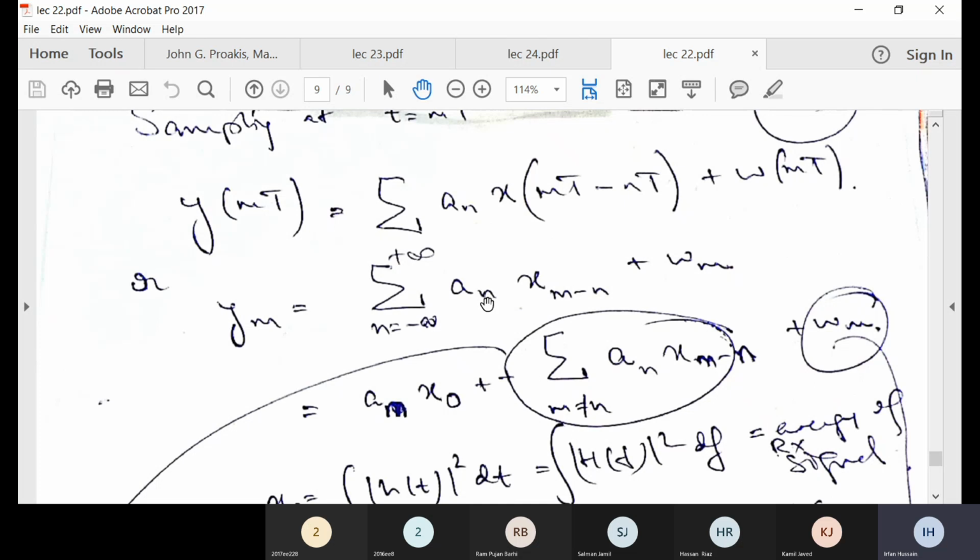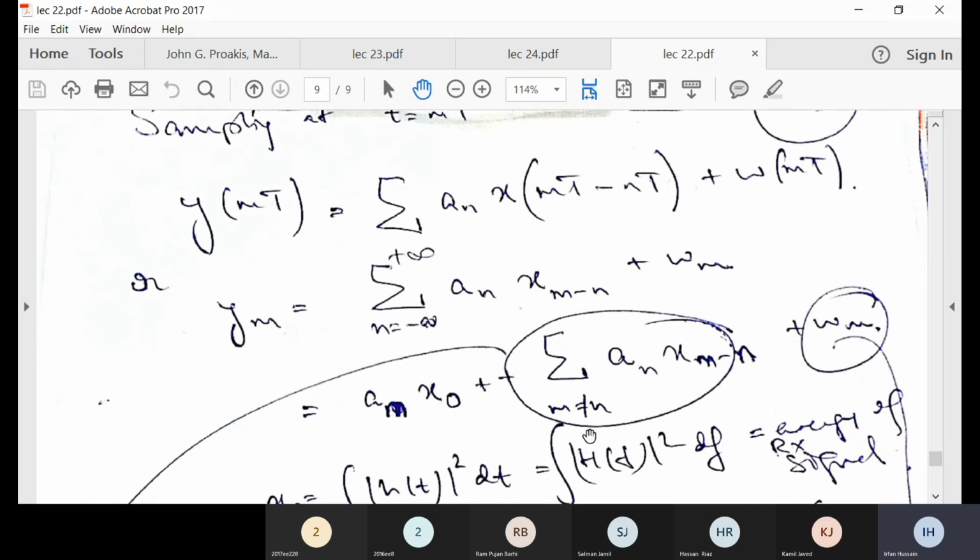So this output will be occurring with each one of those A n's, and then you can very well realize that if m is equal to n, this becomes x0, and A n becomes A m. So for y m you actually needed A m. This x0 is just a constant which will be multiplied with A m.